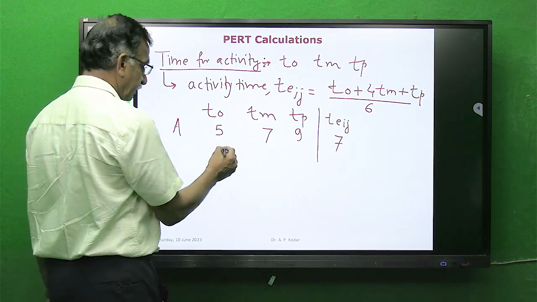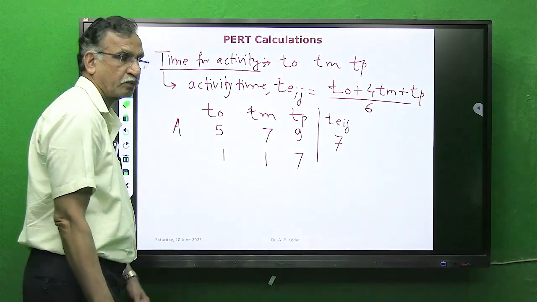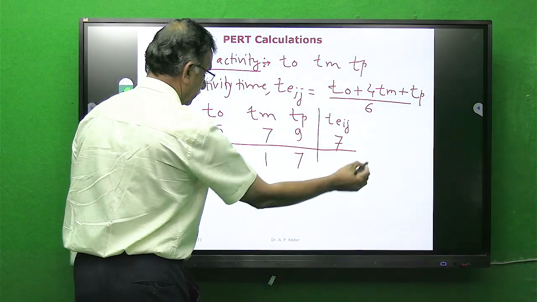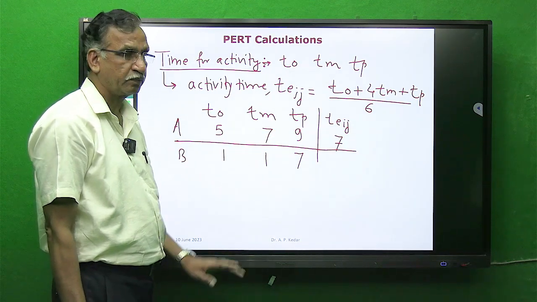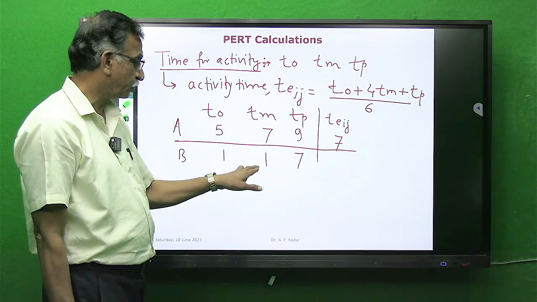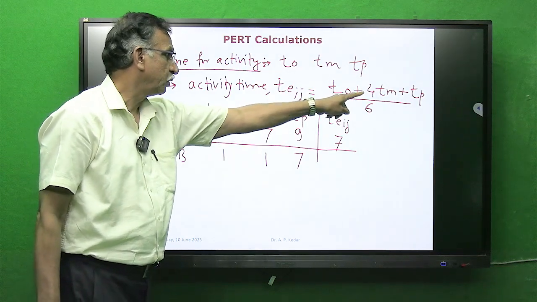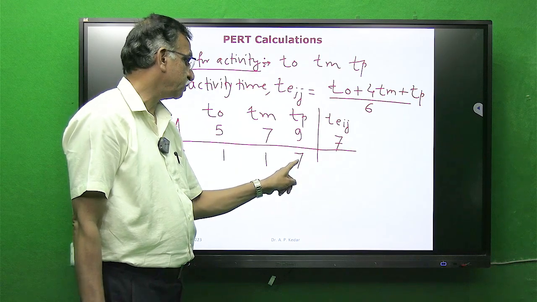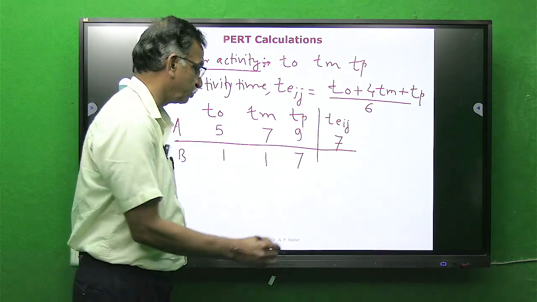Second example, suppose we take TO is 1, TM is 1, TP is 7. It may be for any activity, it may happen like that. So now TO is 1, 4 times TM is 4, so 1 plus 4, 5, plus 7, 12. 12 by 6, 2.